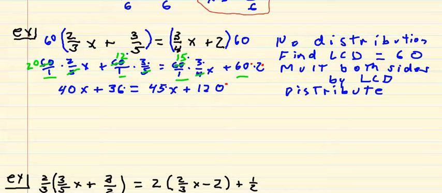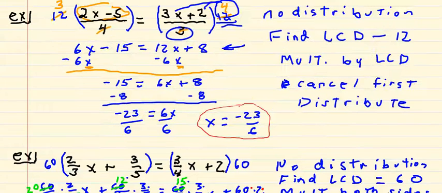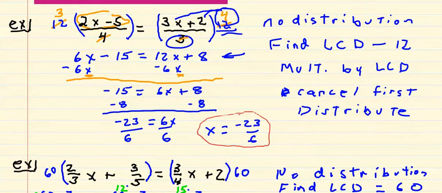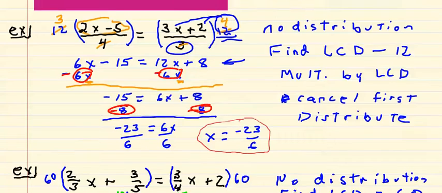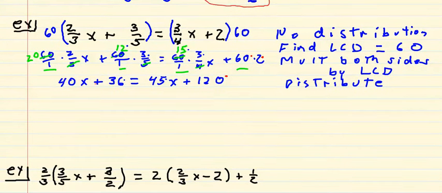Now, we're going to solve this like we always do. An easy way to do this, scroll up here for a minute. In one line, I went minus 6x, minus 6x, and then the other line minus 8, minus 8. I can do it all in one line. I can go minus 40x, minus 40x, because I want to move the x to one side.